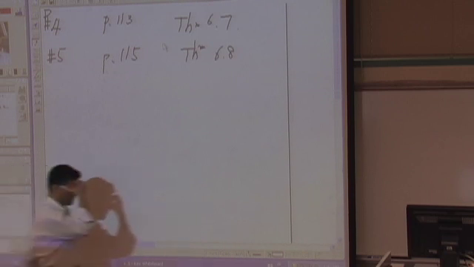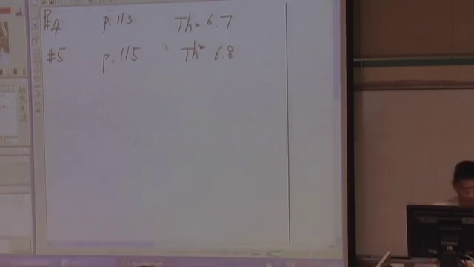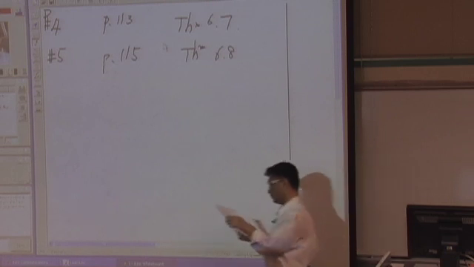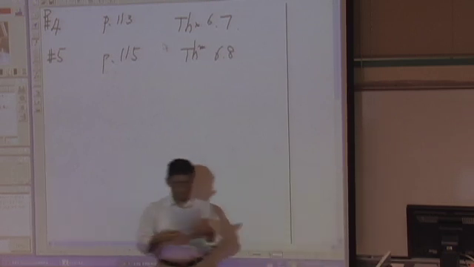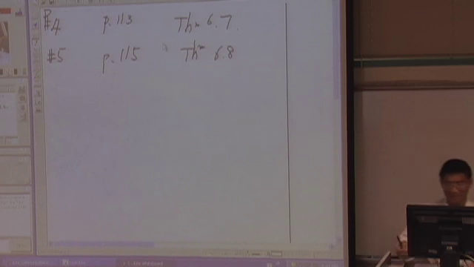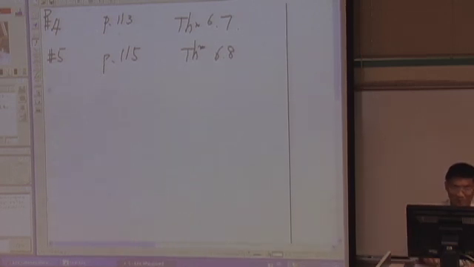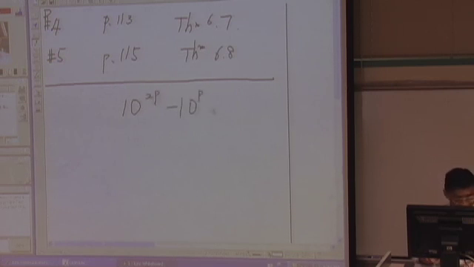Set A number 3? Great. I, in fact, proved it before, so you can check the previous notes, but I will prove it one more time. Consider 10 to the power of 2p minus 10 to the power of p plus 1, where p is an odd prime greater than 3.